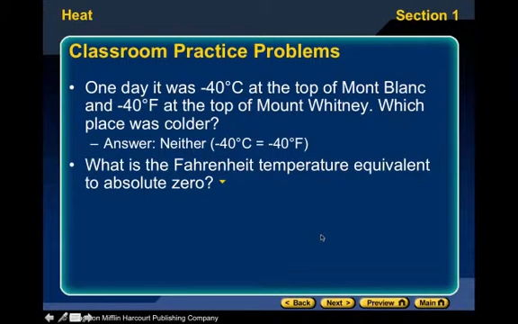So what is the Fahrenheit temperature equivalent to absolute 0? We don't know because we can't get that. Well, 0 Kelvin is how many Celsius? Negative 273.15. So negative 273.15 times 9/5 plus 32.